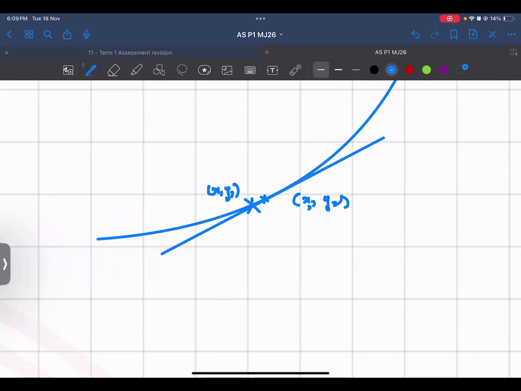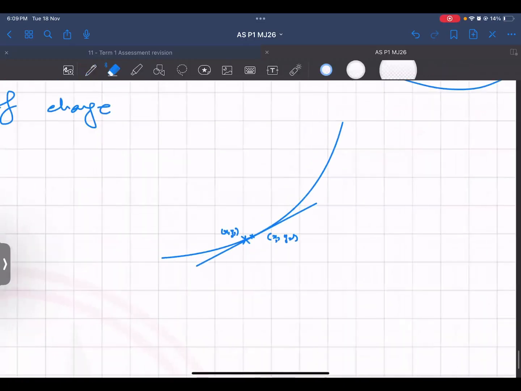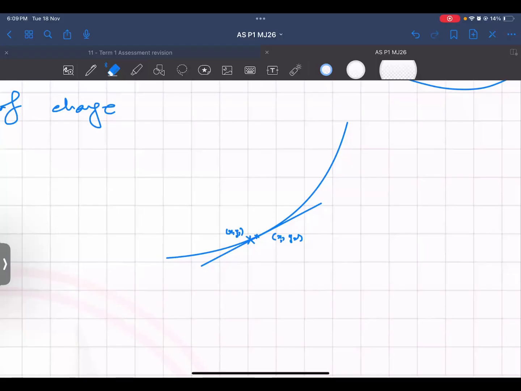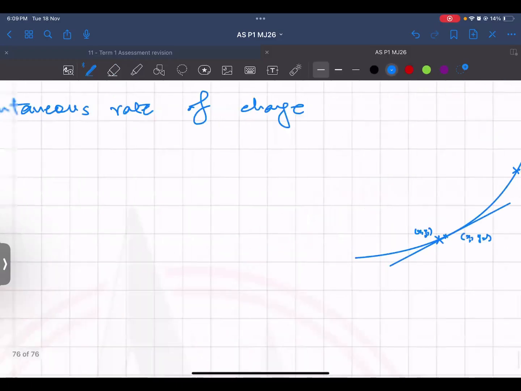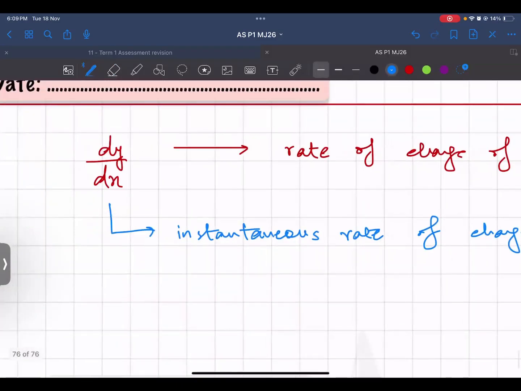But this is also not very accurate. The closer the 2 points are, the better the gradient will be at that point. But this is the problem: the gradient is always changing. So if you want the instantaneous gradient at any point on this curve, you use the dy by dx.